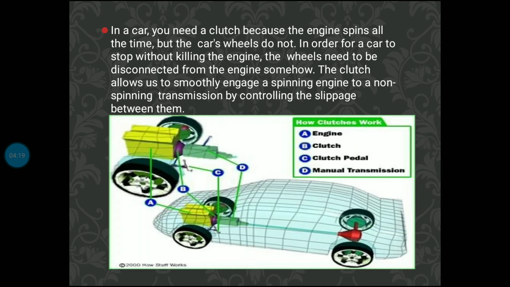In a car, you need a clutch because the engine spins all the time. The clutch allows us to smoothly engage a spinning engine to a non-spinning transmission by controlling the slippage between them.